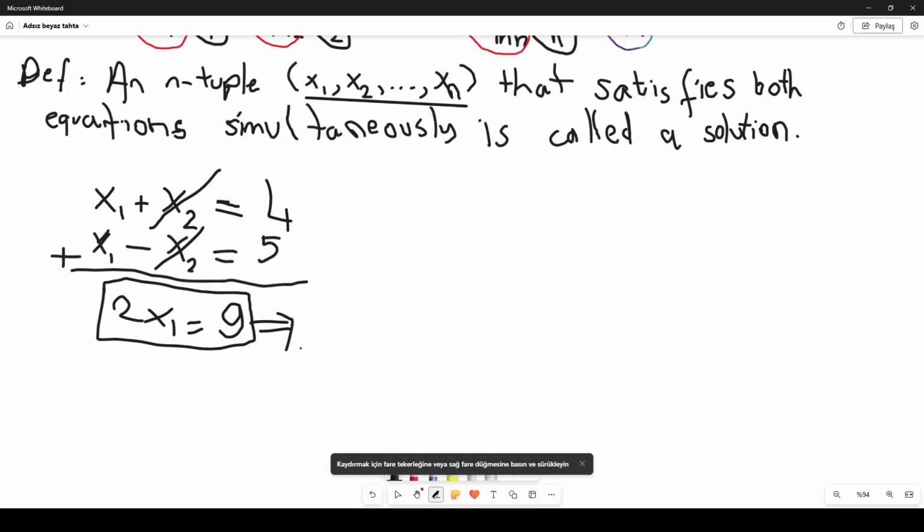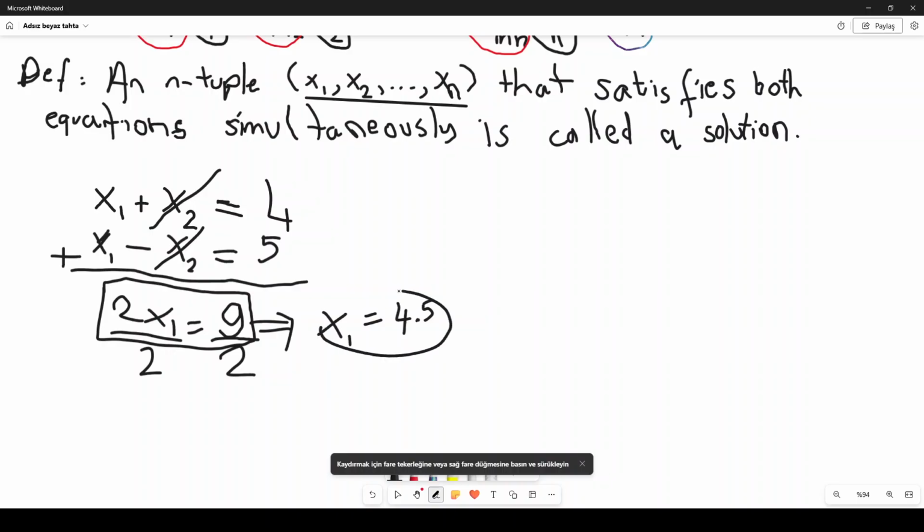We have just one unknown variable here. So by simply dividing both sides by the coefficient of the unknown variable, which is 2 in this case, we get the value of x1, which is nothing but 4.5.